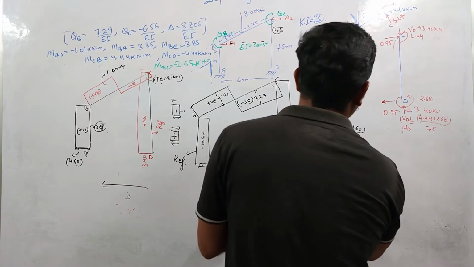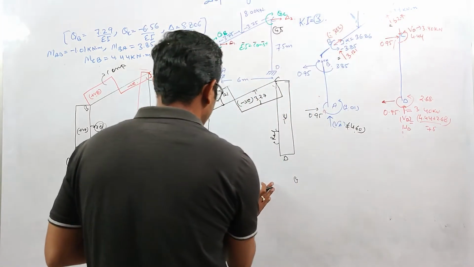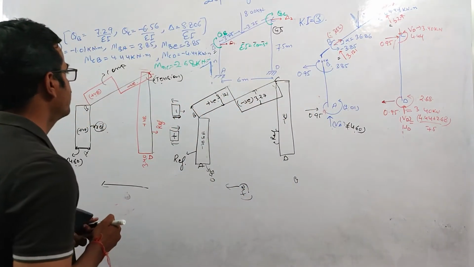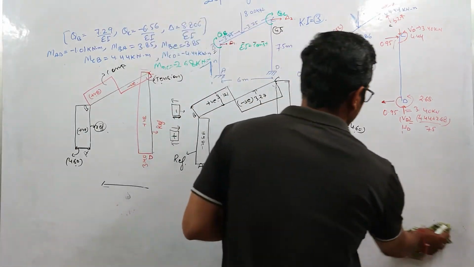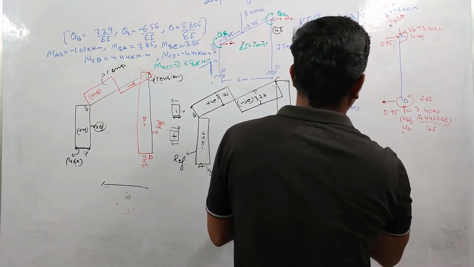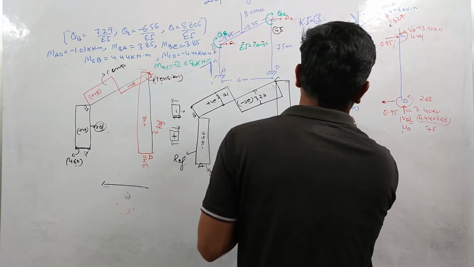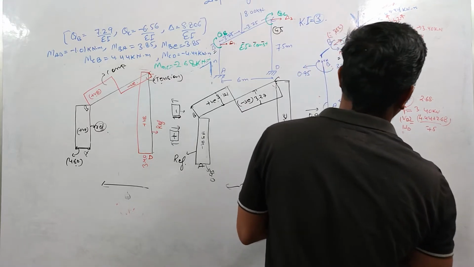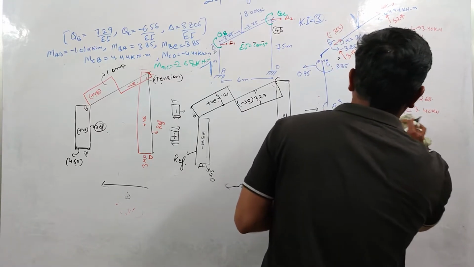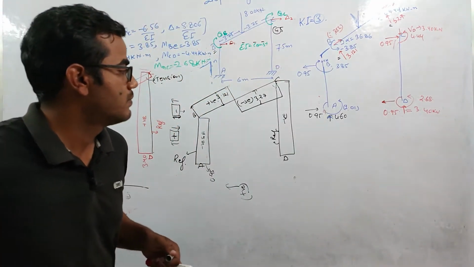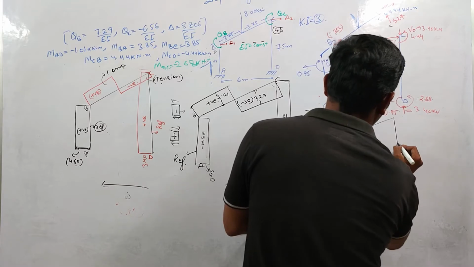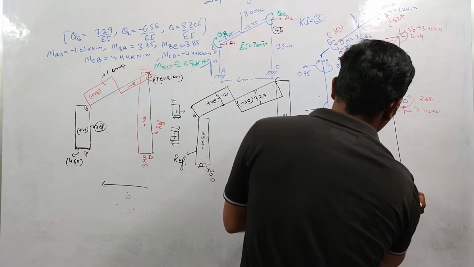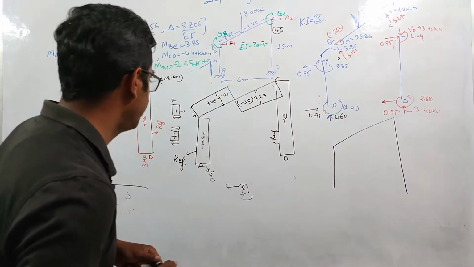So again, for the bending moment diagram, we'll take the help of the shear force diagram. This will be 8.6. So now we'll draw the bending moment diagram, right?